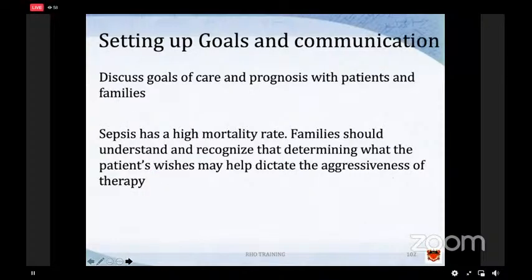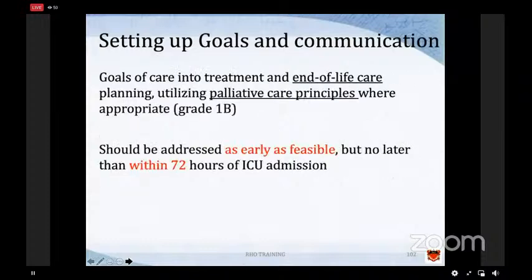It's very important. Septic patients deteriorate very badly. So you need to communicate with the patient's relatives very early, because you may have a very small period to play around. We never know which side the patient is going into. So communicate with the patient's relatives very early.